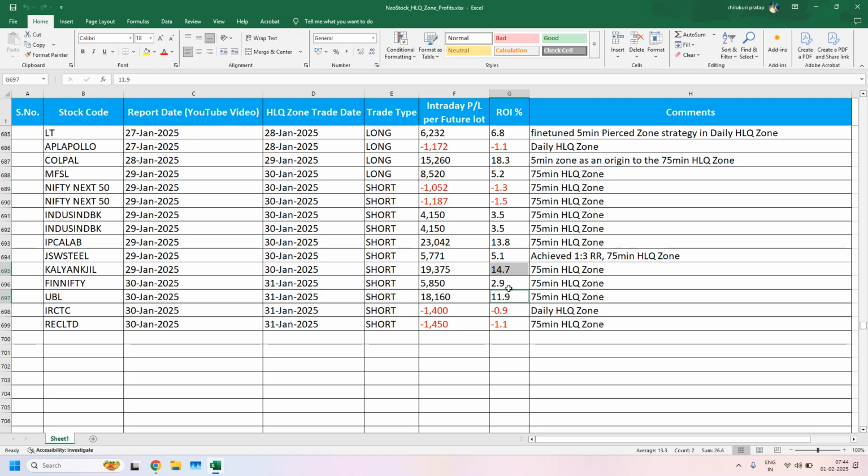But here only these two trades together you got 26.6%. That means you are in profit just because of these two trades against 23 trades. That is the beauty of supply demand zone price action.